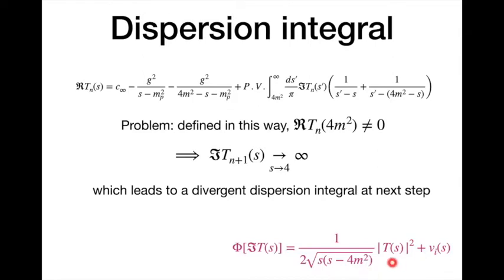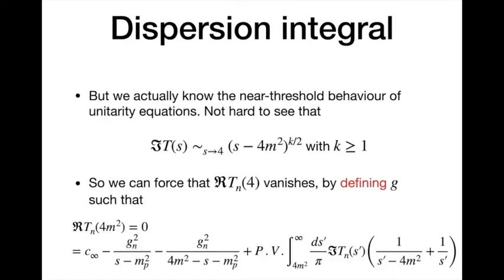If the real part at step n does not vanish near 4, it means that the imaginary part at step n+1 will diverge at 4. And that's messy because then you plug n+1 here, it creates a divergence. You don't want this.